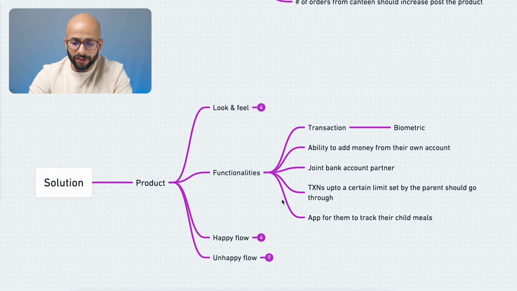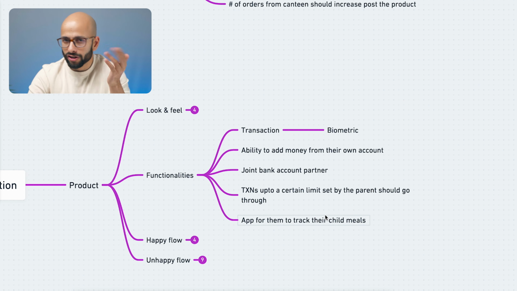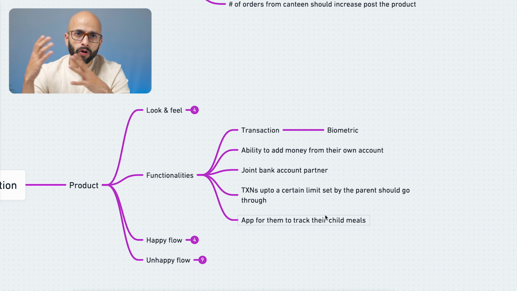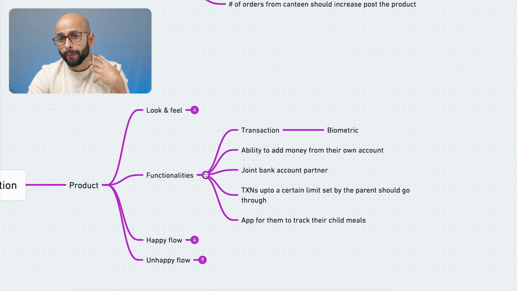In terms of functionalities, we spoke about what will solve for number 1, losing money, which is mostly a biometric transaction, without any form of vouchers, currency, anything of that sort. The money part should be auto-debited, so there's no OTP, because parents are busy. And the ability for the product to track, so that parents can track what healthy food or whatever food the child is eating.